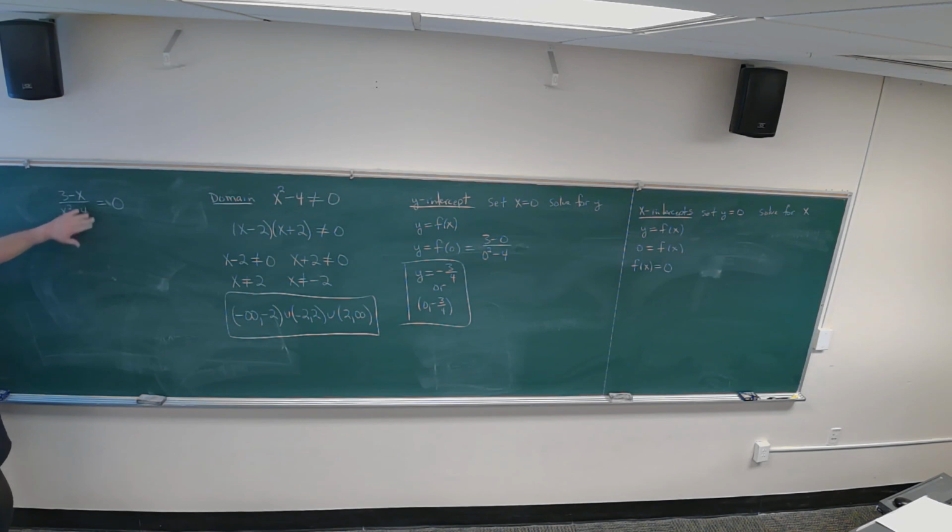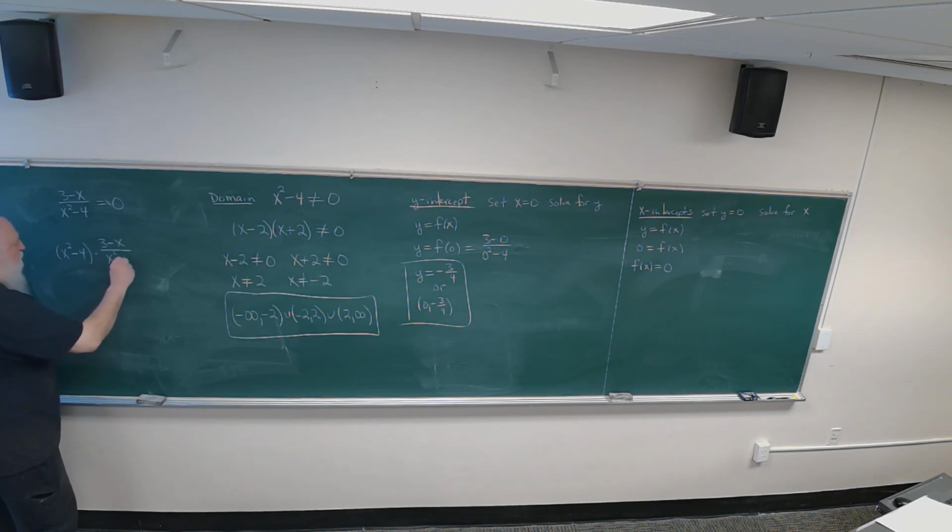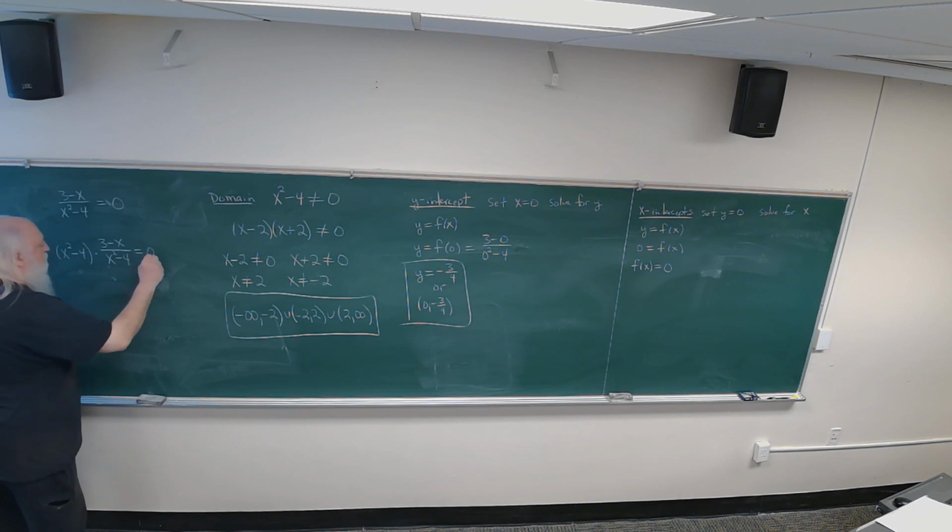But we're going to prove that. So since there are no common factors in the numerator and denominator, we multiply both sides by x squared minus 4. And we have x squared minus 4 times 3 minus x over x squared minus 4 is equal to 0 times x squared minus 4.